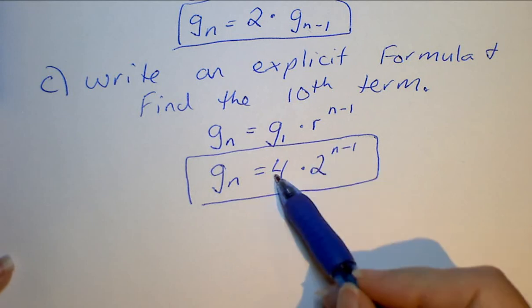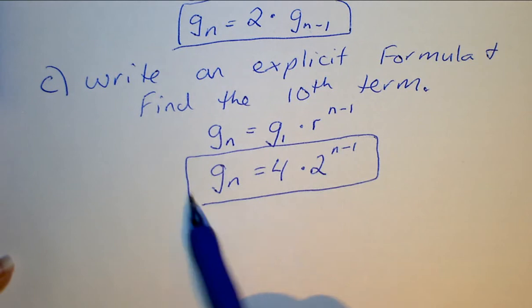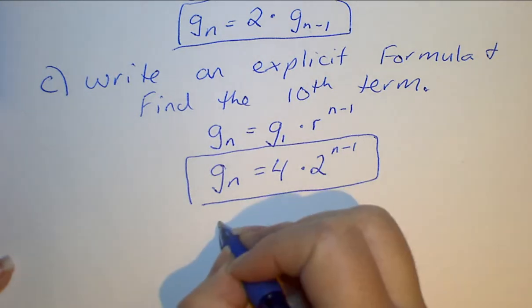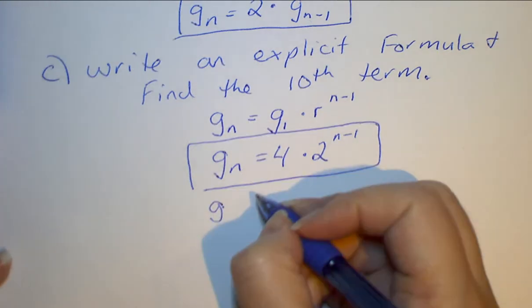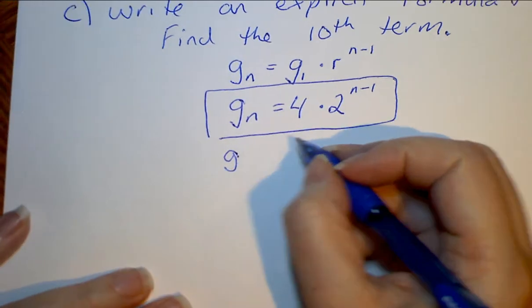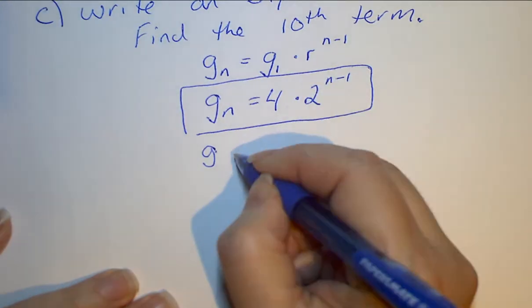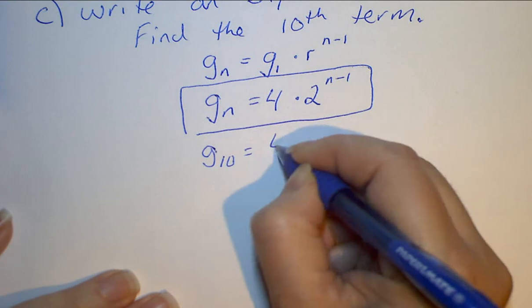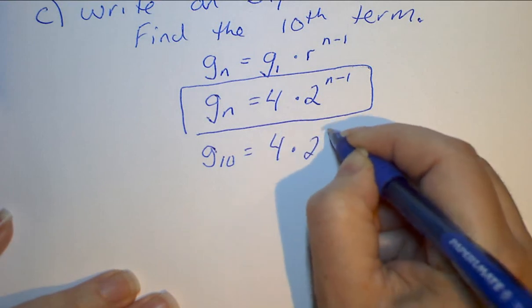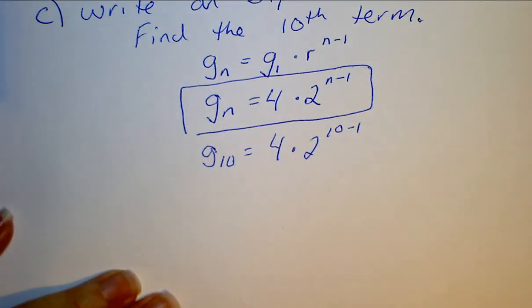So your formula has to stay like this. My 10th term would be g sub 10 is equal to 4 times 2 to the 10 minus 1. So plug that into your calculator and make sure you get the right one.